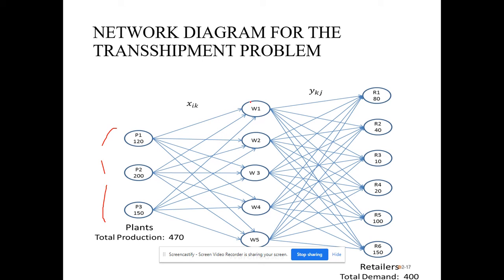Given the distance, goods are shipped from three production plants to five warehouses, and from the five warehouses they are sent to six retailers. So these are our retail points. The warehouse becomes intermediate, so it becomes transshipment. From here to here is shipment, and from here to here it's transshipment. So these problems are called transshipment problems.